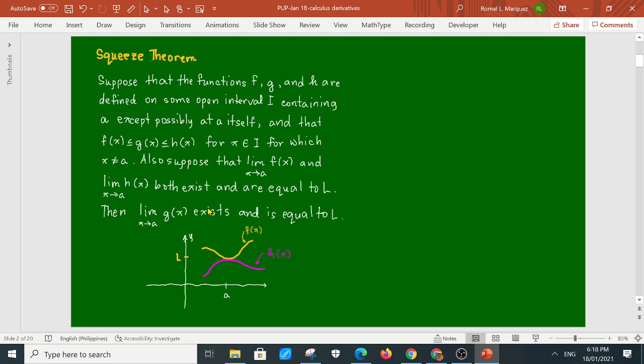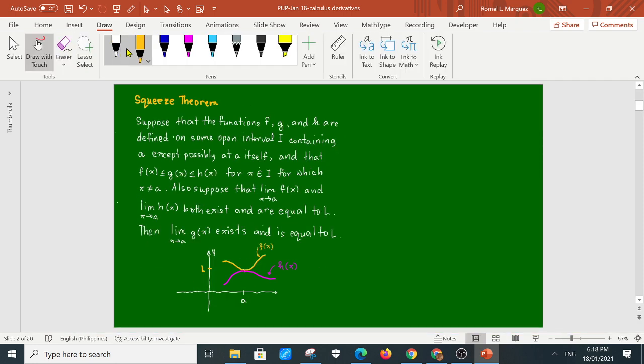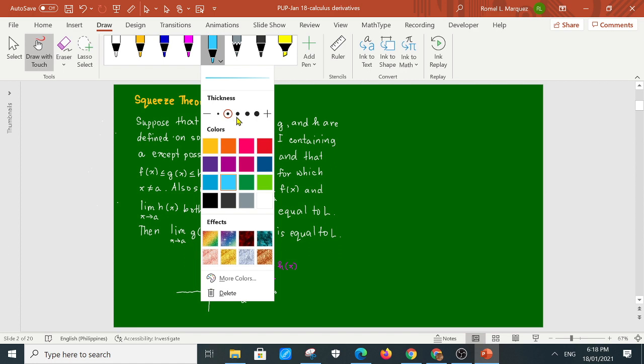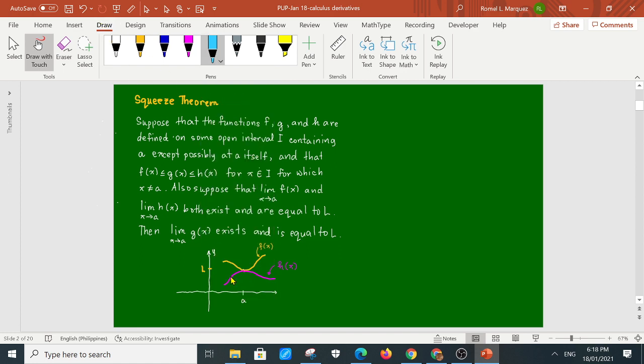What we are interested in is the limit of g of x, and g of x is somewhere here. So this is the g of x.